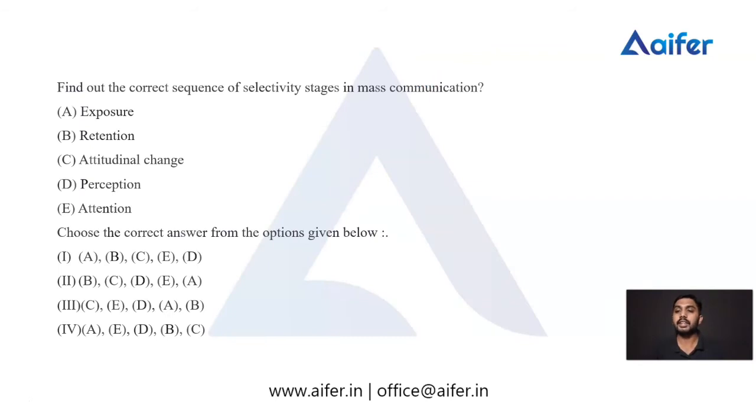The first question is: find out the correct sequence of selectivity stages in mass communication. When we see the question at first, we have to read it very carefully. Here we need to find out the correct sequence related to stages in mass communication.